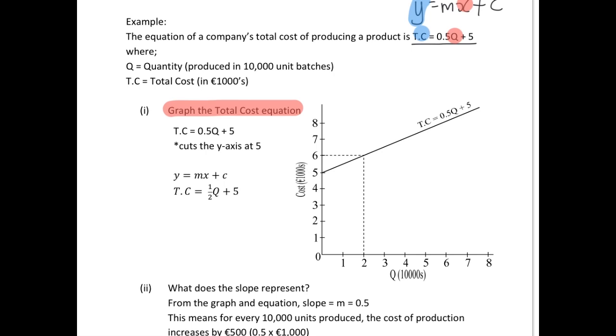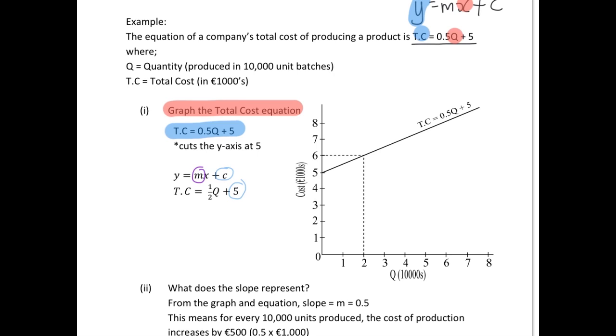So if we take that equation and we compare it to our y equals mx plus c, we can see that the c in our case is 5, and we can also see that our m is the number in front of x.